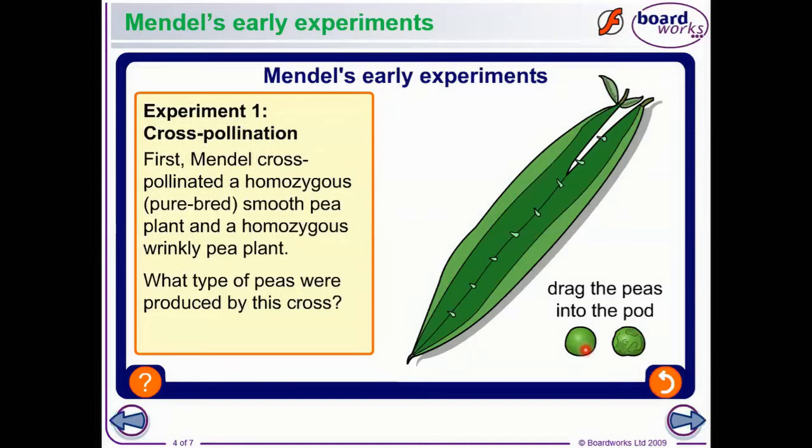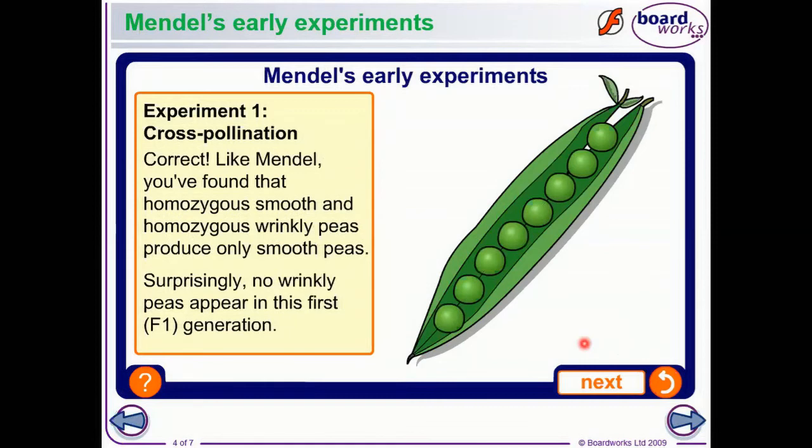You are going to find that the whole first generation contains the smooth seeds, and none of the wrinkled seeds appear. Why? Because smooth seeds are dominant, which means they are strong, so they appear completely, 100%.